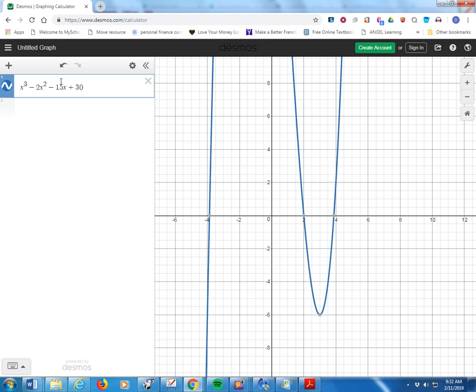Okay, I said my zeros were 2 and then the square root of 15 plus or minus. Well, square root of 15 is 3.87, so it's going to be negative 3.87, positive 3.87. There it is. Okay, so I just confirmed.